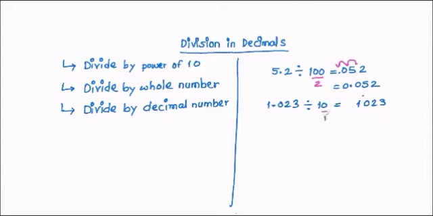In this case, we have 1 zero, which means we have to move the decimal point one place to the left. So let's move it, and the decimal point comes just before 1. So our answer is 0.1023.